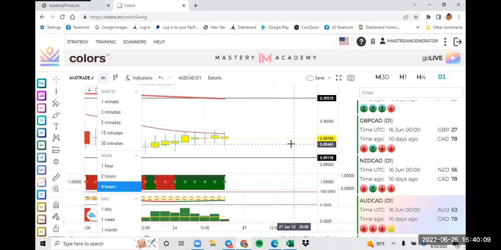So what I mean by that is, say for instance, I get in for the long haul with a low lot size. I'm swing trading. My lot size might be a 0.2 or a 0.1 or something like that. But then I see a phenomenal entry for a scalp, and I can go bigger for a short period of time.